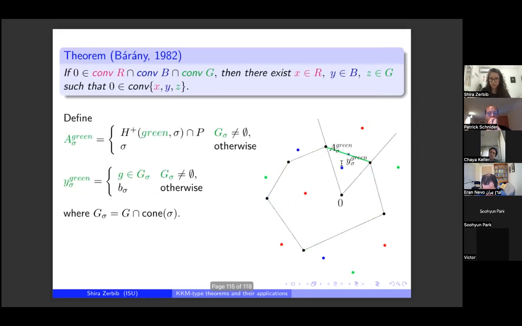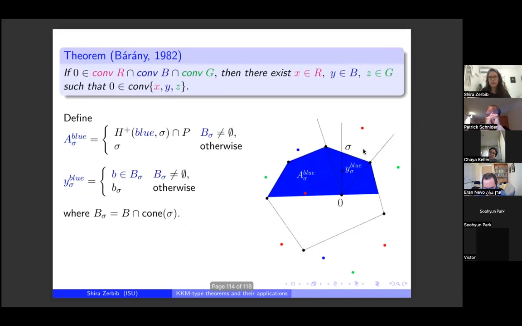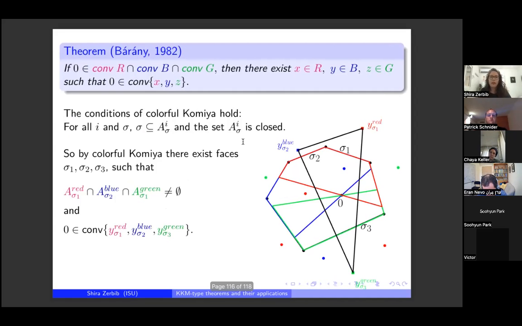Because in one case, sigma is just A sigma, and in the other cases, sigma is contained in A sigma. And the sets are closed just by how I take them. So the colorful Komiya theorem conditions hold.